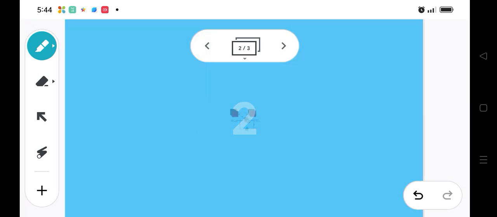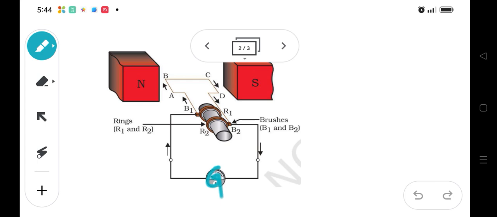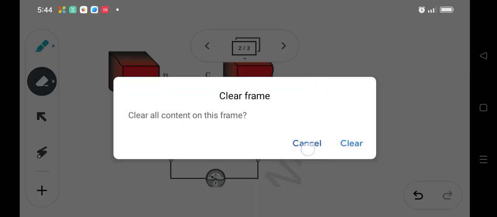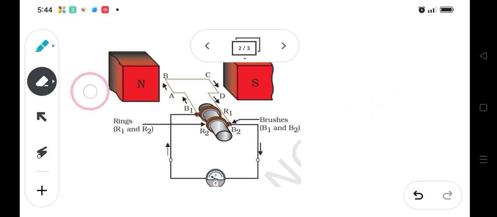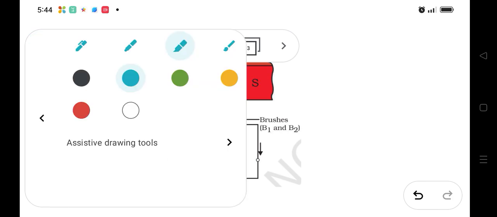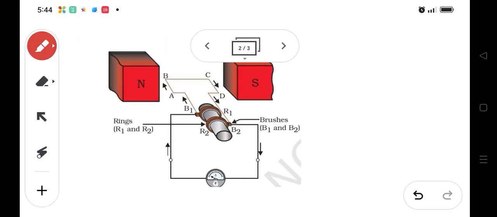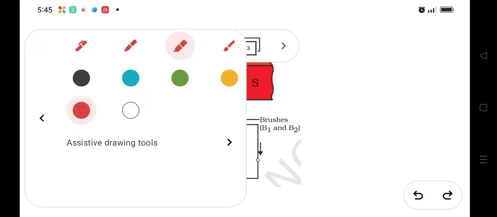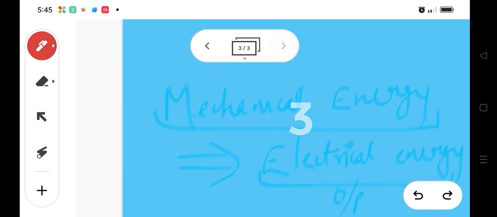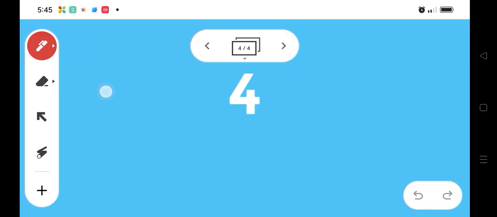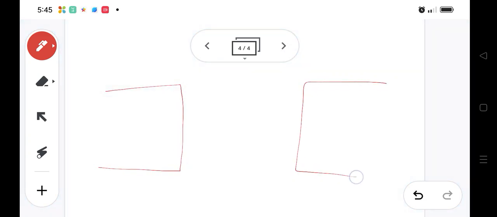So when we look at the structure of this generator, we have an armature coil, and north and south poles.